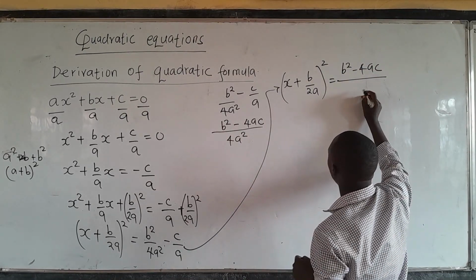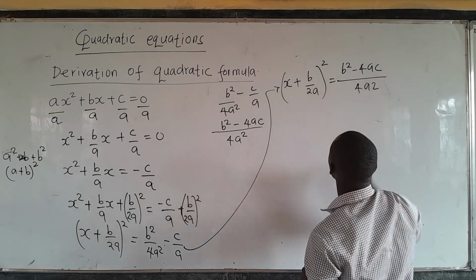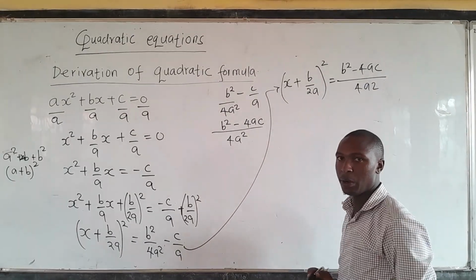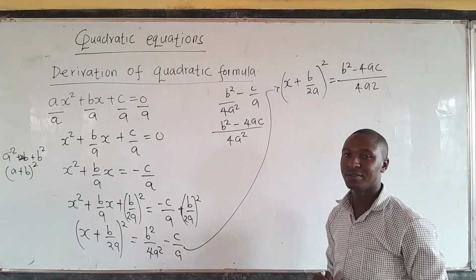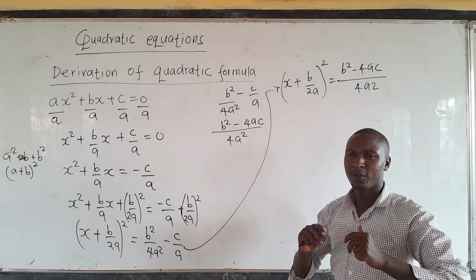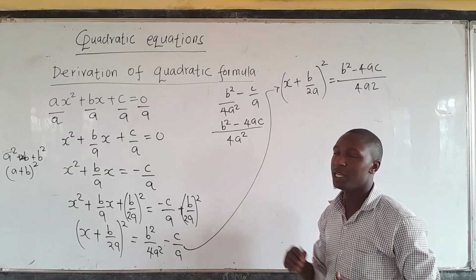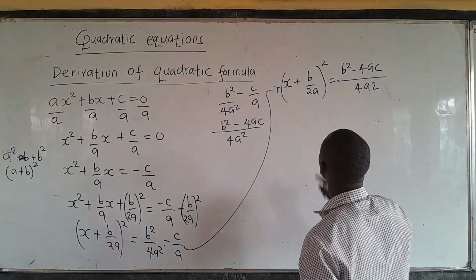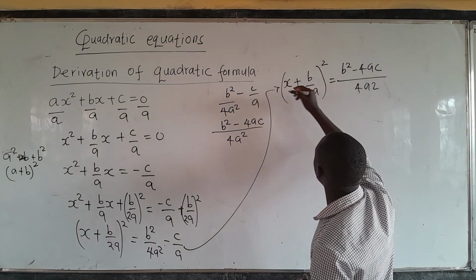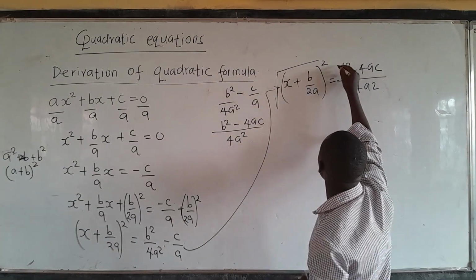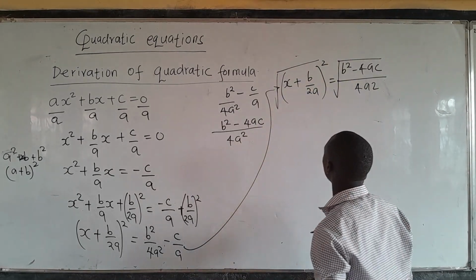Remember, our main objective is to find the value of x in terms of a, b, and c. Therefore, we need to move this square, and of course, we take the square root on both sides.